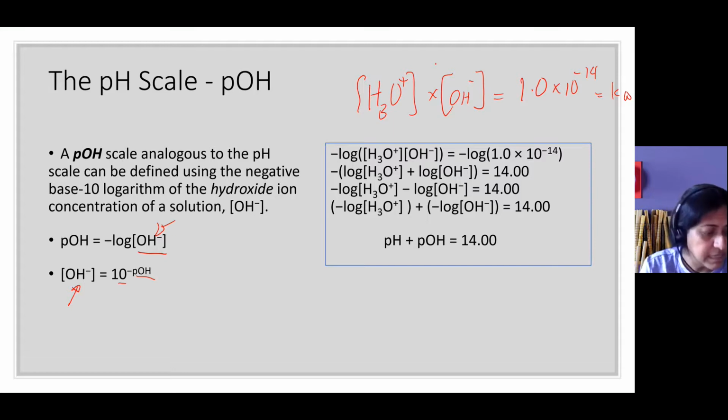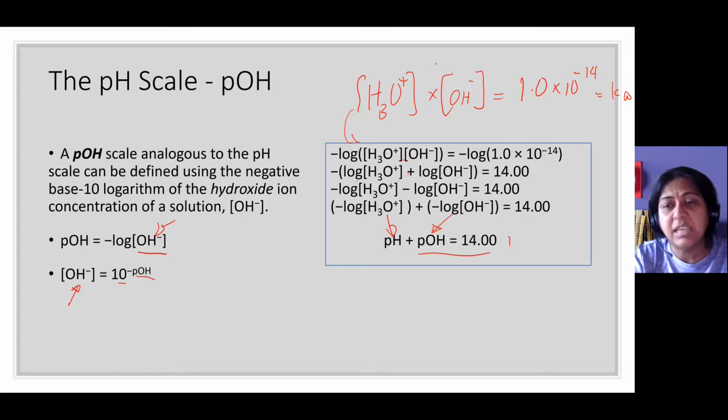So I am taking the negative log values of the equation. The negative log H3O+ concentration is the pH, and the negative log OH- concentration is the pOH, and that equals 14. So pH plus pOH equals 14. What is then pKw? Yes, it equals 14.